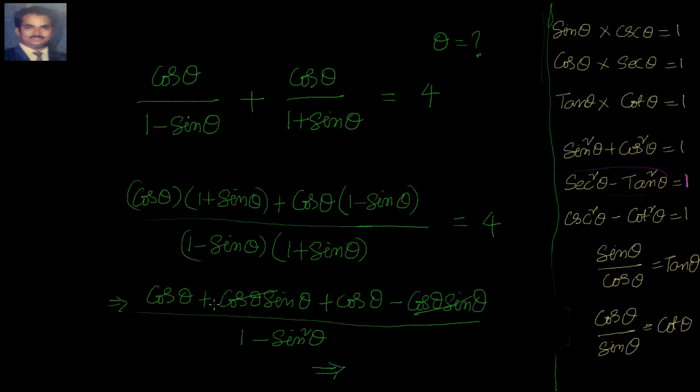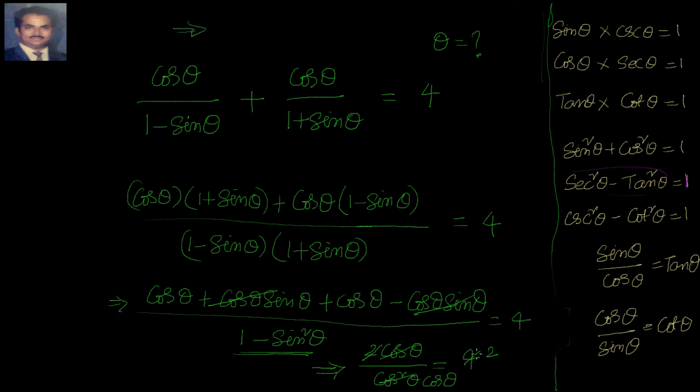I have 2 cos theta by 1 minus sin square theta, which is nothing but cos square theta, equal to 4. 2 times cos theta by cos theta squared. So this gives me cos theta equal to 1 by 2.